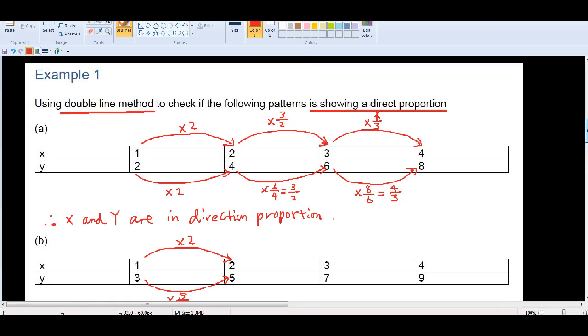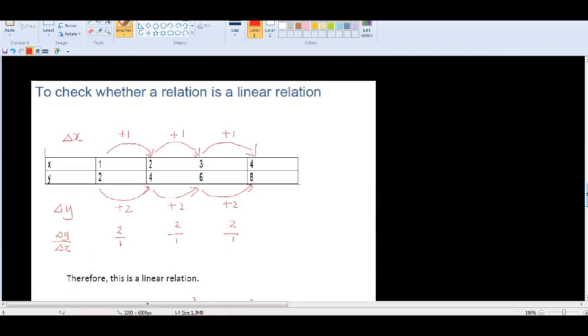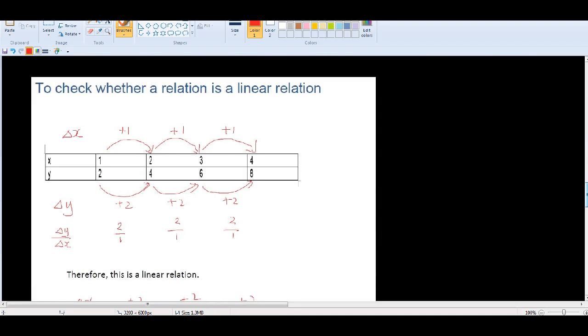Example 1, there's nothing new. We are just using the double line method to check whether these numbers follow the pattern for a direct proportion. But then I'm going to show you how to check whether a relation is a linear relation.